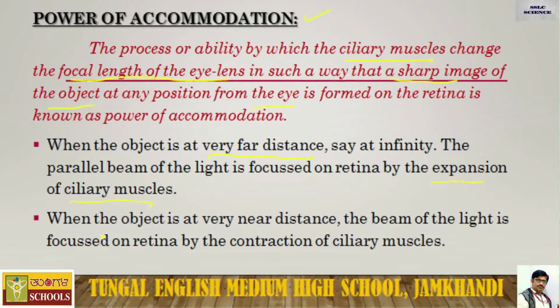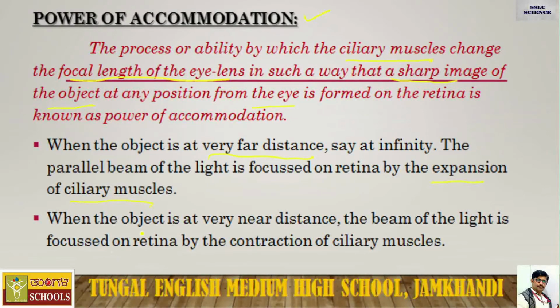What happens if you are looking at distant objects? The light is focused on the retina, definitely through the expansion of these ciliary muscles. What exactly do ciliary muscles do? The stretching or expansion of ciliary muscles adjusts the focal length of the light that has to focus on the retina.